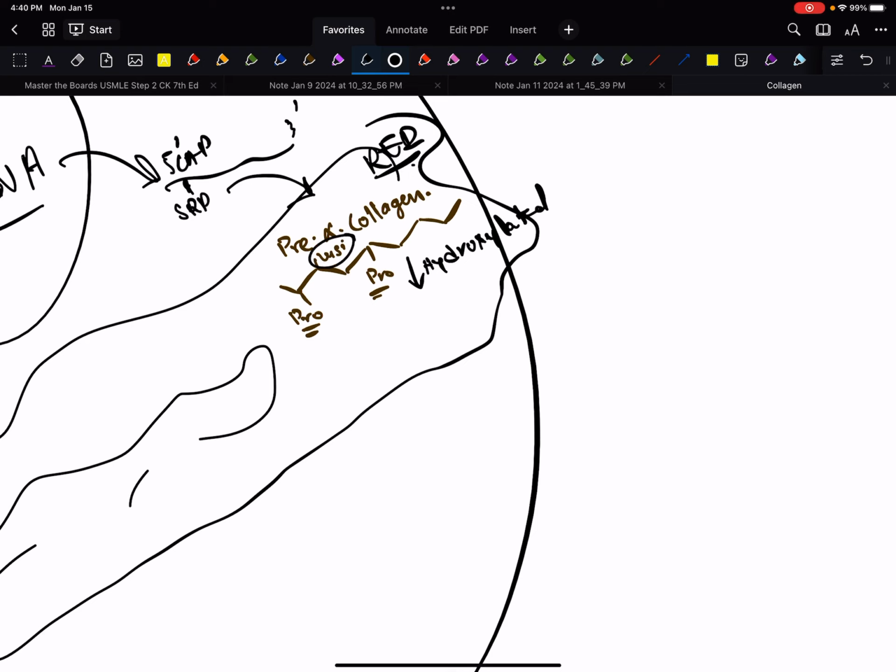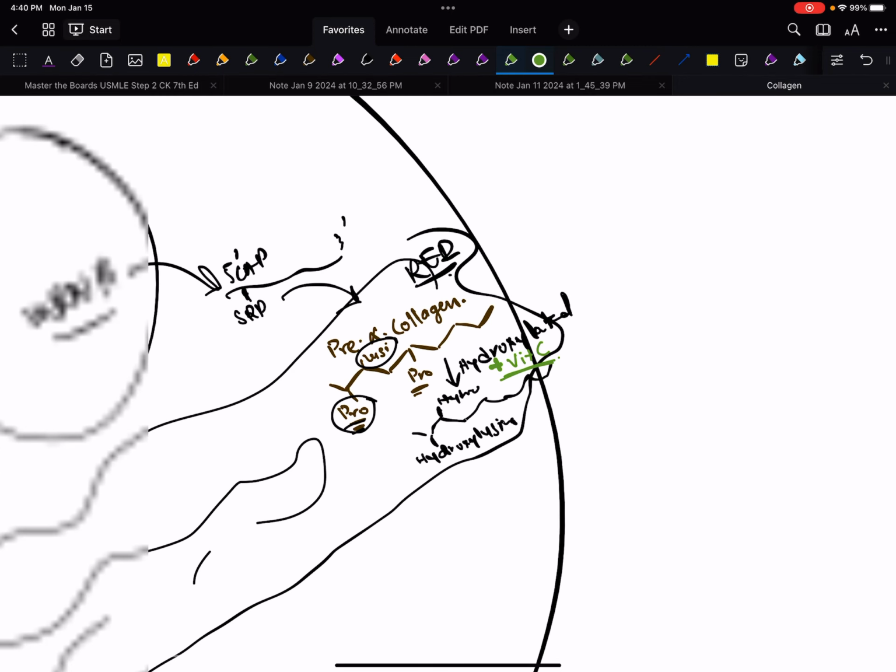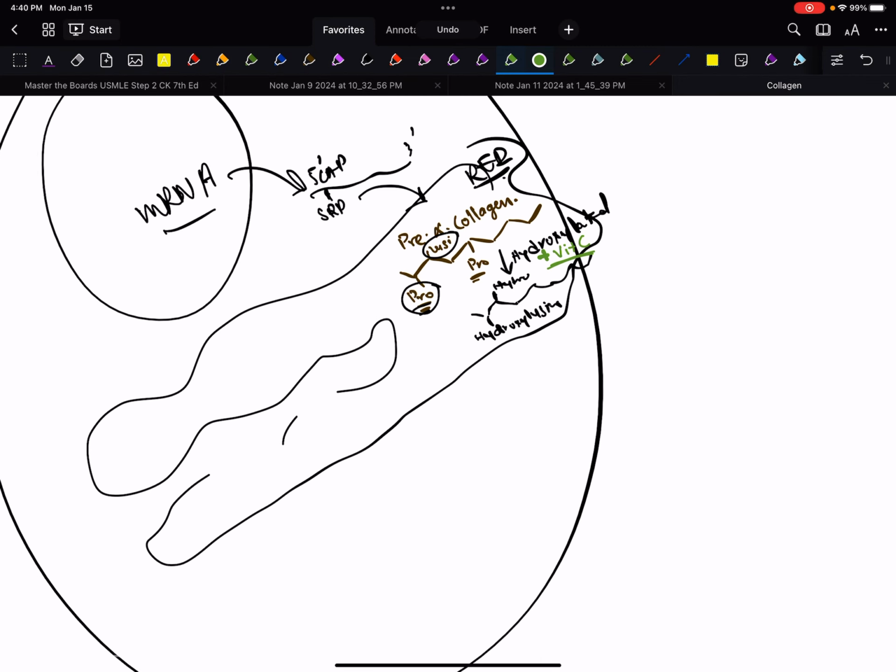These lysines and prolines will become hydroxylysine and hydroxyproline. And this is going to happen with vitamin C. That's why vitamin C is important in collagen synthesis.